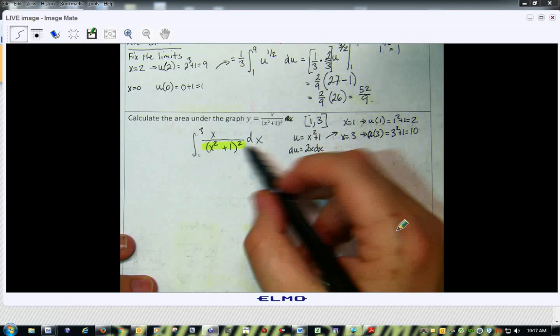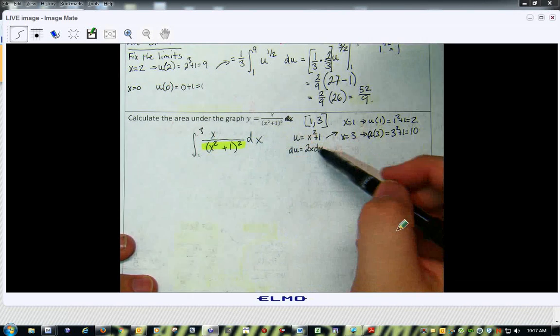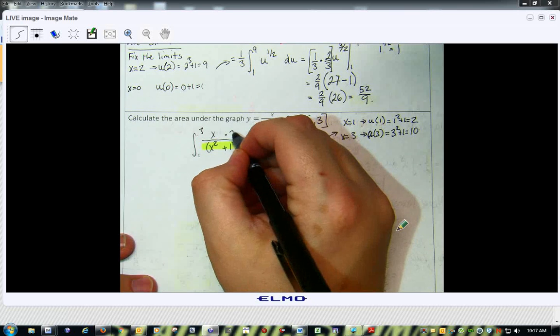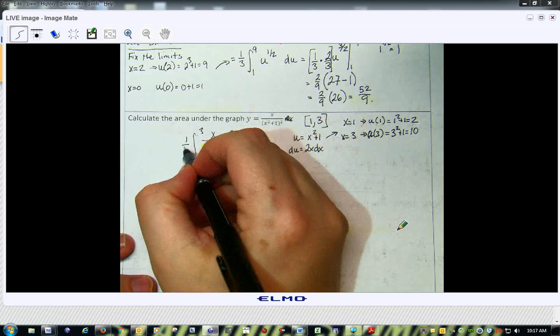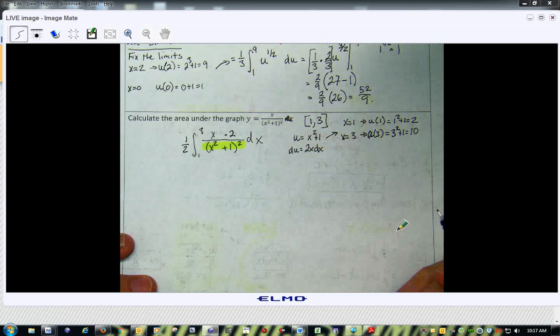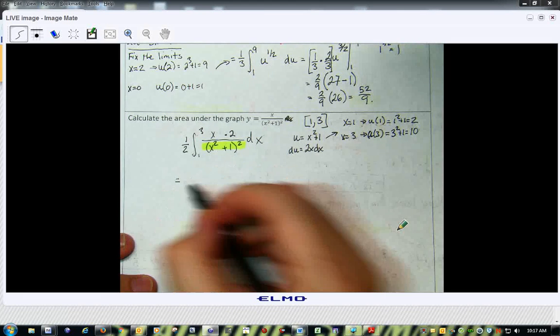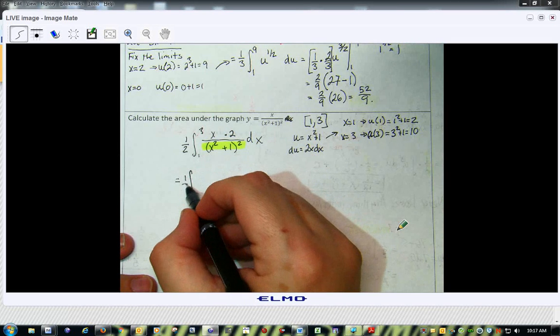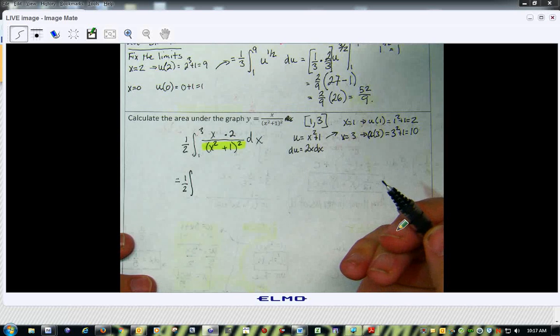Now, do I have enough to make my du? What do I have to do? Multiply by 2 and multiply by 1/2 out front. So now I'm going to change the entire thing in terms of u. So I got my 1/2. I need my new limits, 2 to 10.